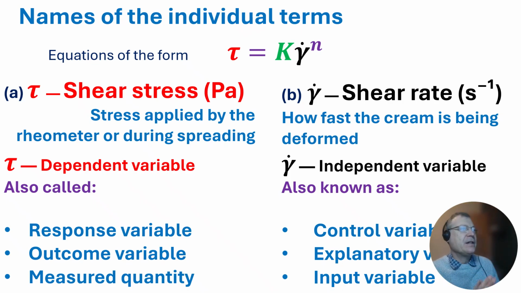What I'm trying to do here is explain what the individual terms are in the power law equation. The two really key terms that I want you to focus on are the shear stress and the shear rate. The shear stress is measured in pascals, and that's a pressure measurement as well. The reason for that is because pressure is measured as force per unit area, and shear stress is force per unit area.